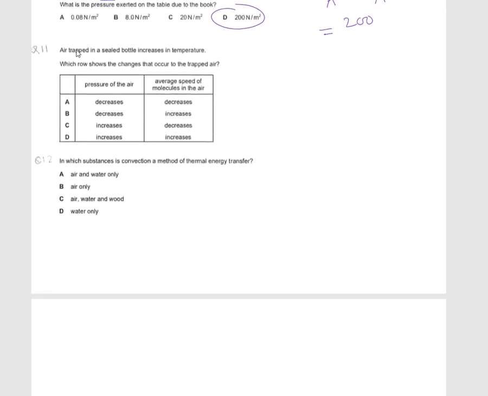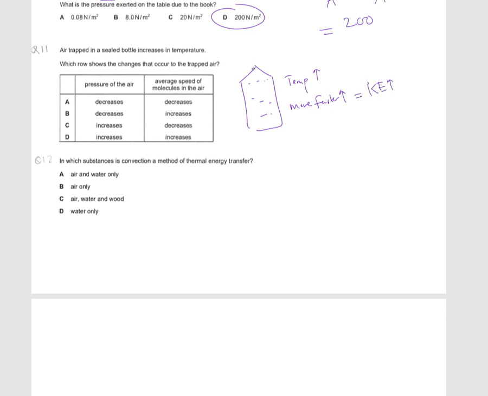Air is trapped in a bottle. So let's take a look. Now the temperature goes up. Which one happens? If temperature goes up, it means that the particles start to move faster. If they move faster, then the kinetic energy goes up.